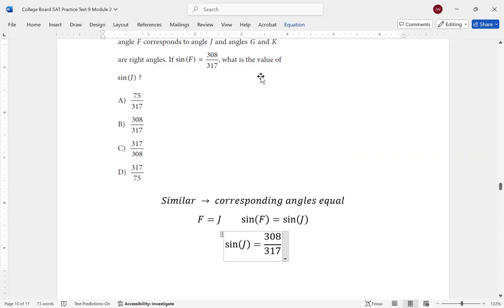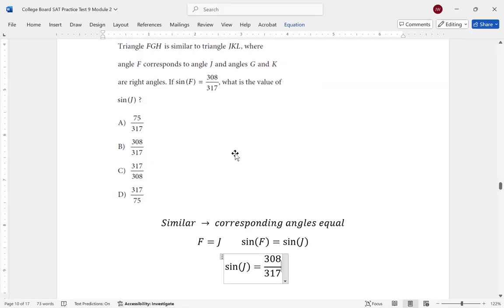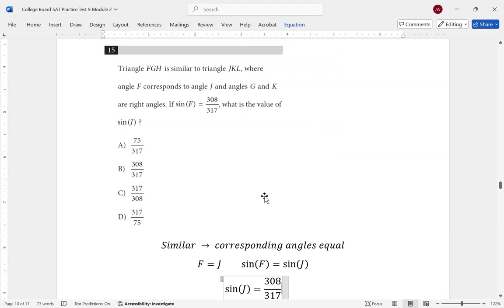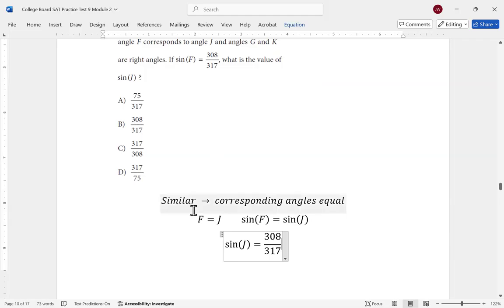And that's it. So B is the correct answer to question 15. Again, you could have drawn a picture if you'd like, but the picture doesn't do a whole lot. As long as we know similar triangles means corresponding angles have to be equal, we can solve this problem.